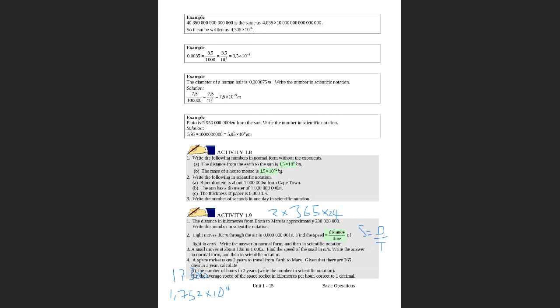So now the question is, what is the distance between Earth and Mars? If you look at the question very well, in question 1 on activity 1.9, you have been given the distance between Earth and Mars in kilometers. You can write it in scientific notation, it will be simple: 2 times 10 to the power 2.3. Can you see that?